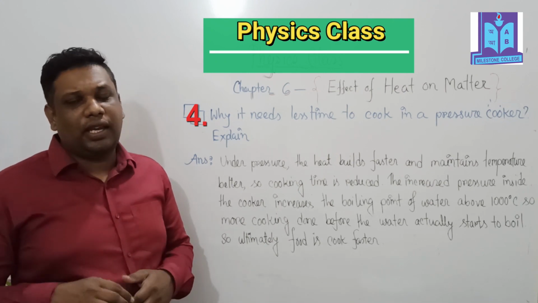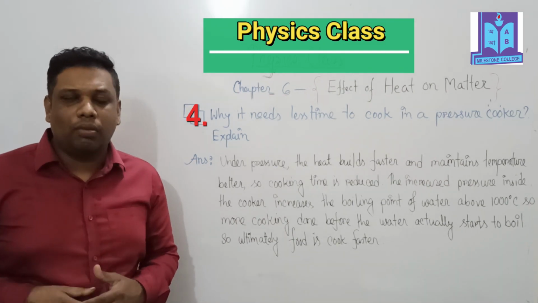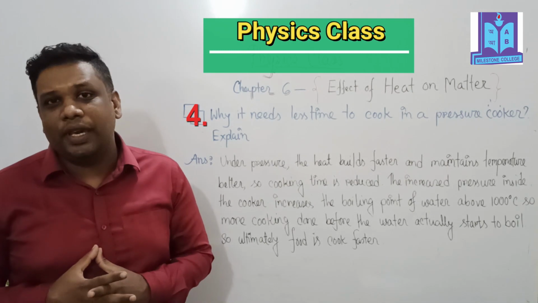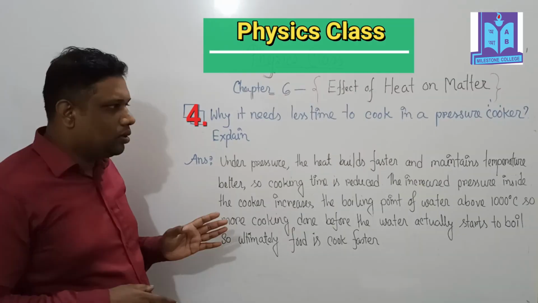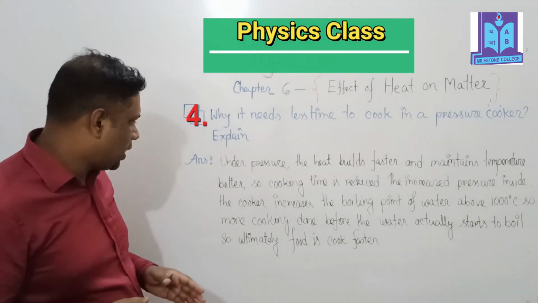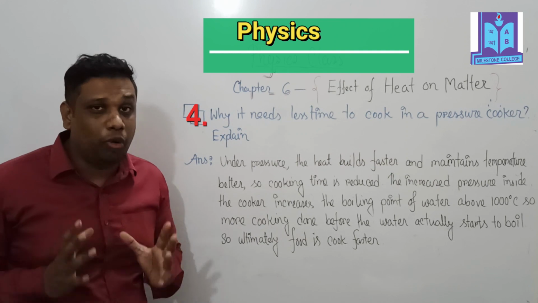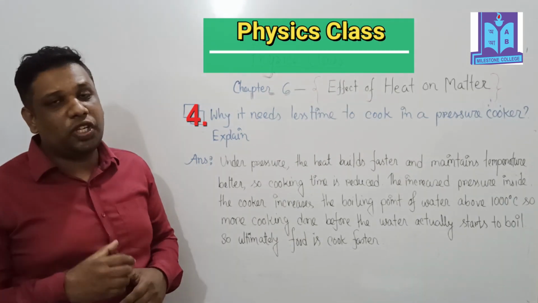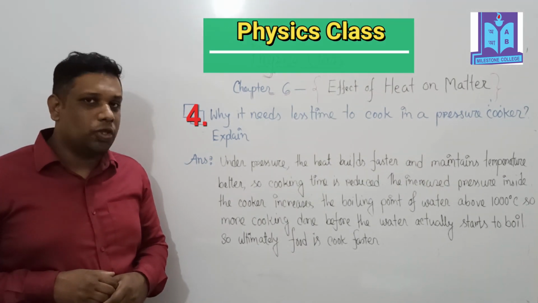So if the boiling point is increased to more than 100 degrees, it will be cooked before the water boils. So the answer, more cooking is done before the water actually starts to boil. Ultimately the food cooks faster. You have to mention the boiling point when answering your question.